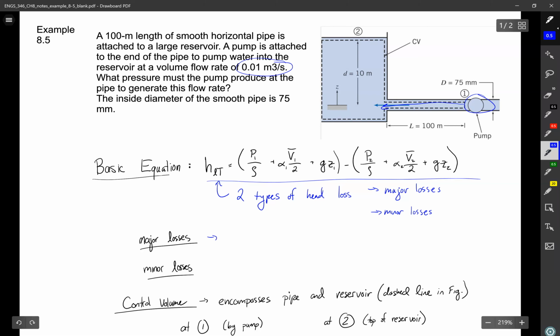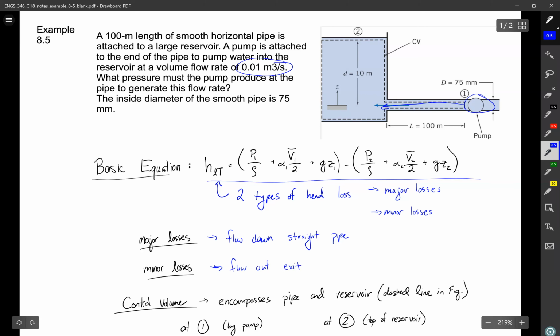So when we're looking at major losses, we have flow down the straight pipe. And minor losses, the only minor loss in this case would be flow out of the exit.